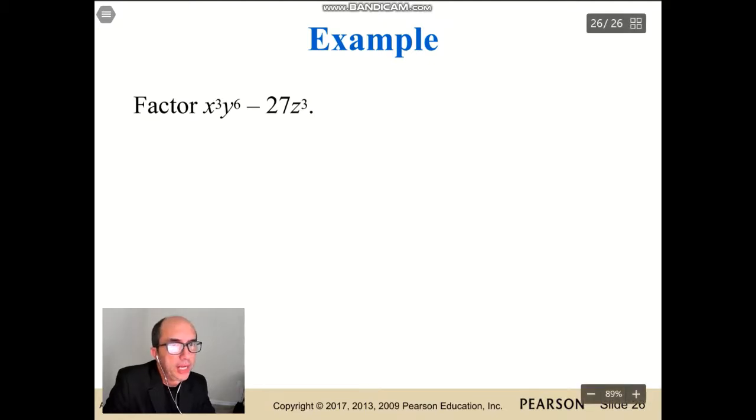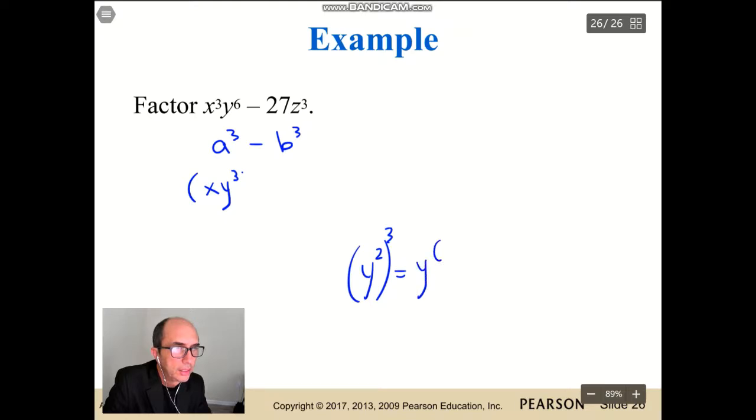More examples here, and let's try to write as a cubed minus b cubed. Let's see, we can write x, y squared cubed, because if we have y squared cubed, this is equal to y to the 6th, right?